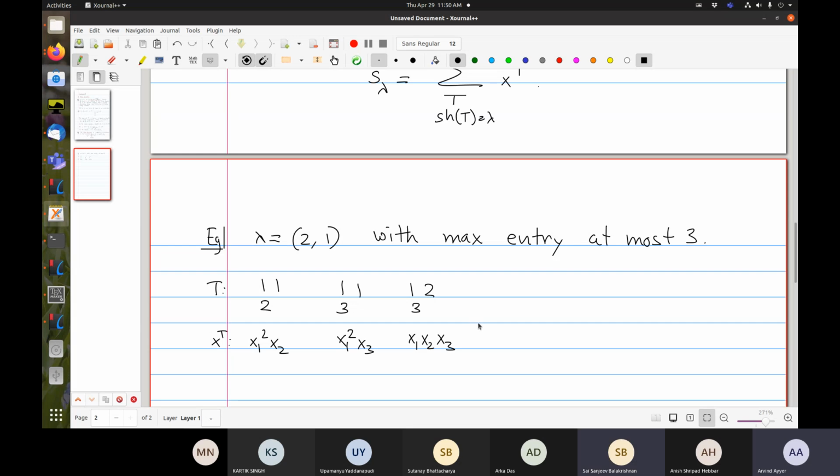Go ahead. 1, 2, 2. Nice. x1, x2 squared. 1, 3, 2. And 1, 3, 3. Nice. So 1, 3, 2 is also x1, x2, x3. Notice that these two have the same weight. And x1, x3 squared.